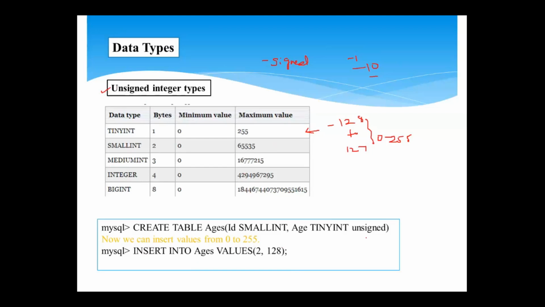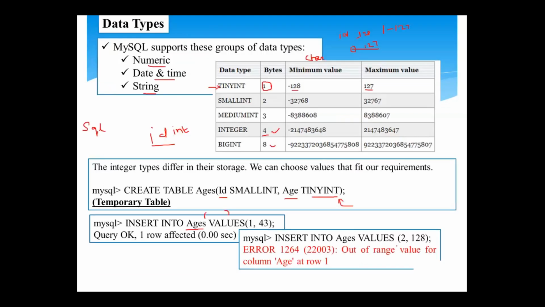Unsigned integer means we also have to mention it while creating the table, when giving the data type for the field. If the data type is tiny int and you mention it as unsigned, then only it will take from 0 to 255. Otherwise it will not, because here for age tiny int we have not mentioned whether it is signed or unsigned.